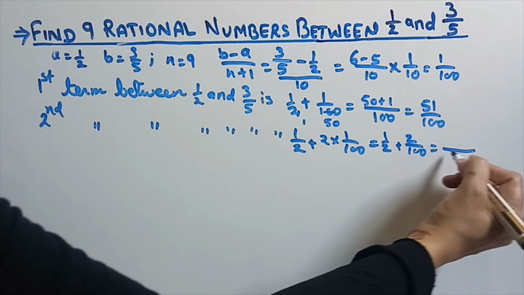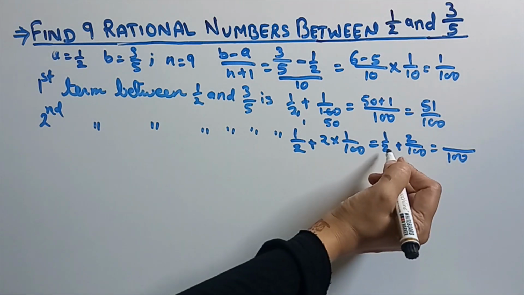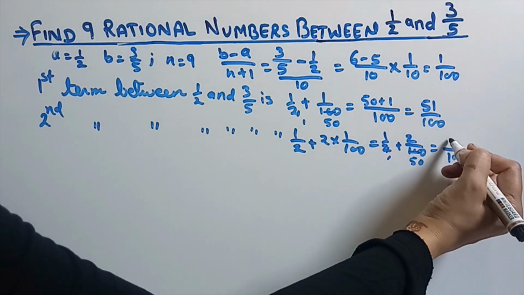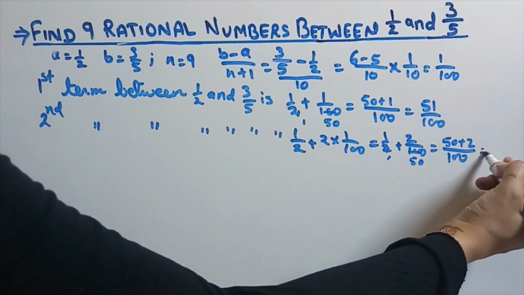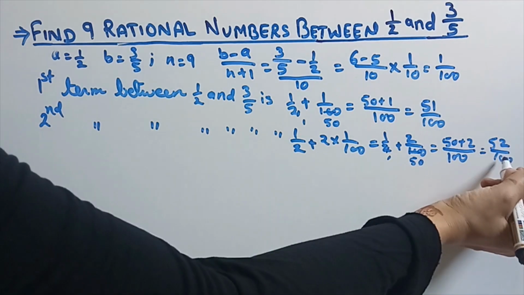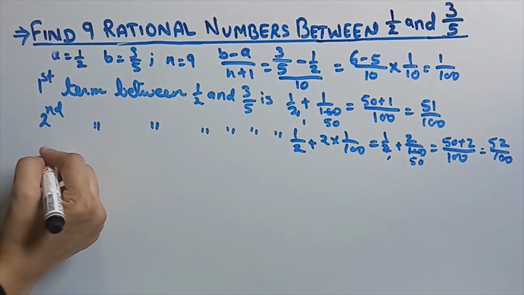Again I am taking LCM, 100 comes down. Now 2 1s are 2, 2 5s are 10, 0, 50 plus 2 1s are 2. So this will become 52 by 100.